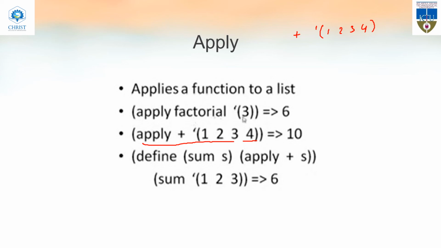What happens? The plus will be applied to all the elements of the list. That means you will get 1 plus 2 plus 3 plus 4, that is 3 plus 3, that is 6 plus 4, which gives 10. I hope it is clear.